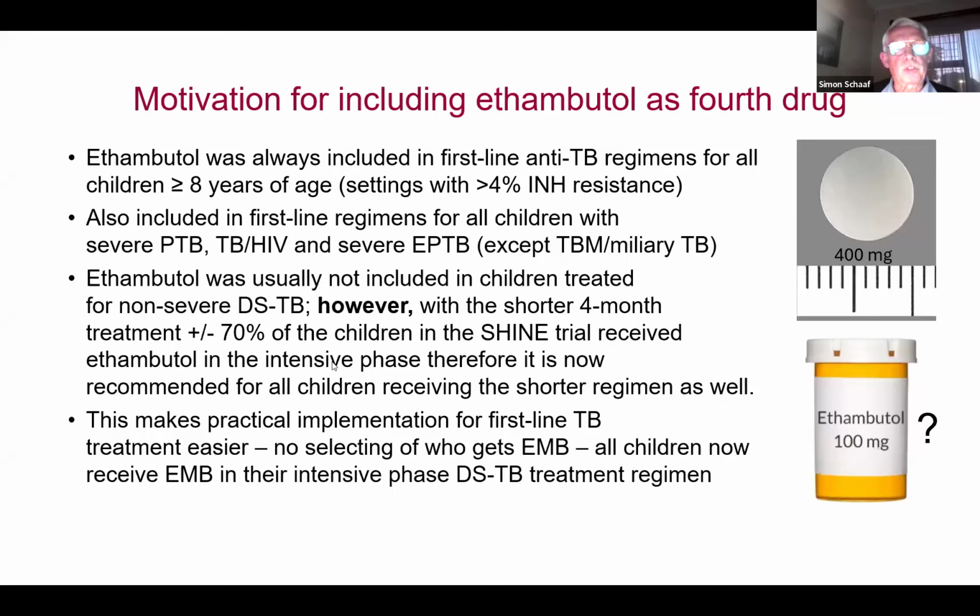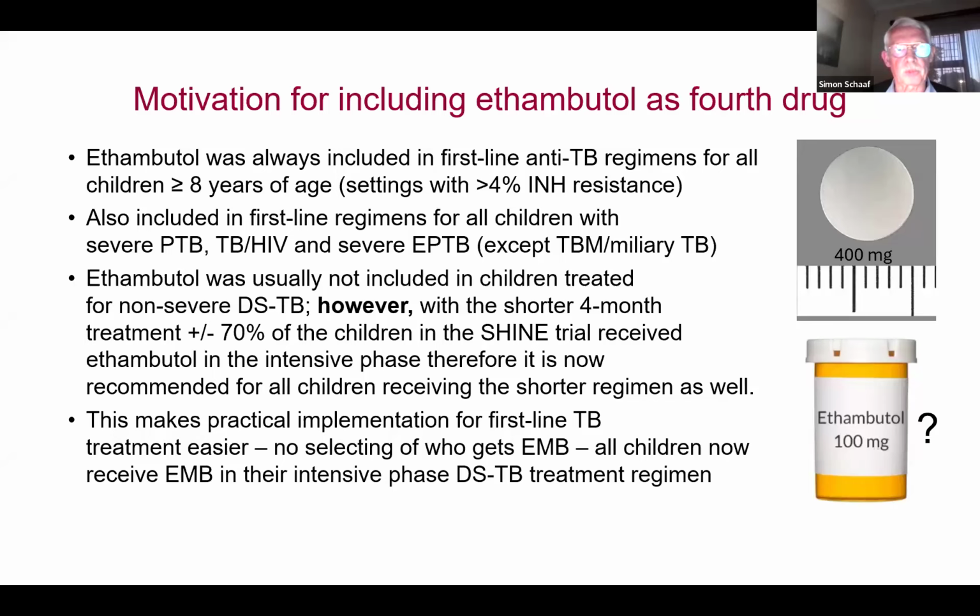But now, because the SHINE trial was done in several countries, not only in South Africa, 70% of the children in the shorter regimen during the trial actually received Ethambutol as a fourth drug in the intensive phase. So we cannot say whether the shorter regimen will work without Ethambutol. It was not sufficient to exclude Ethambutol in the intensive phase.